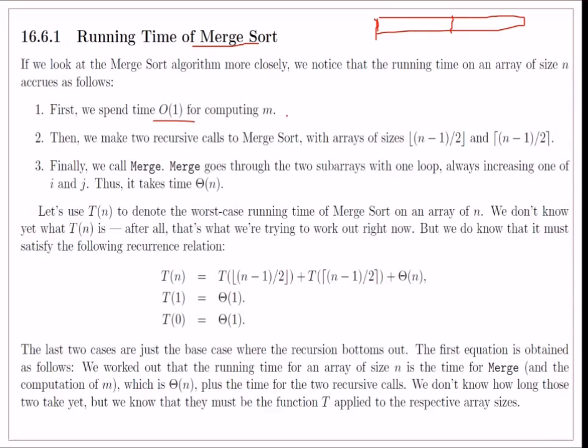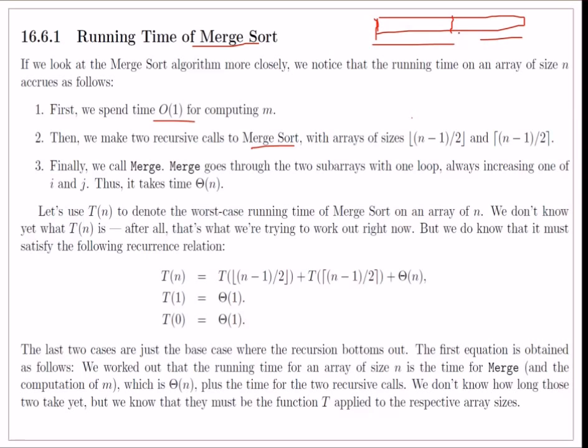Then we make 2 recursive calls to merge sort. We call the sort itself with arrays of size half and half: n minus 1 by 2, n minus 1 by 2, where we take the floor and ceil of them. One is floor, one is ceil.